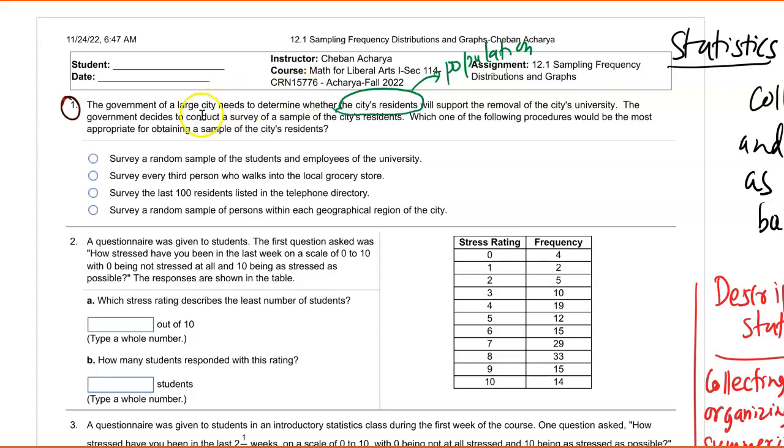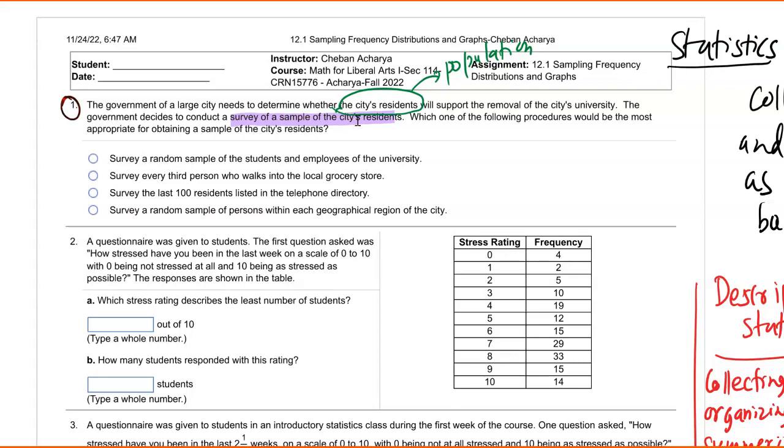That means we want to know whether the city residents will support the removal of the city university. The government decides to conduct a survey of a sample of city residents.